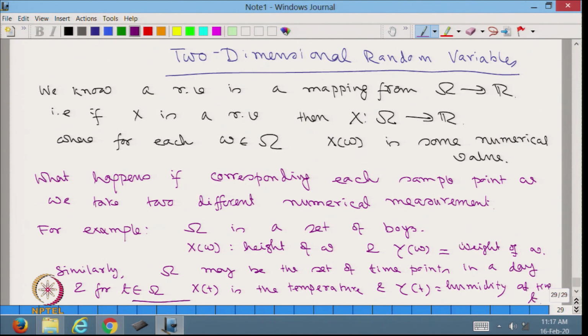Thus, we can see that we are taking two different measurements for the same sample point.